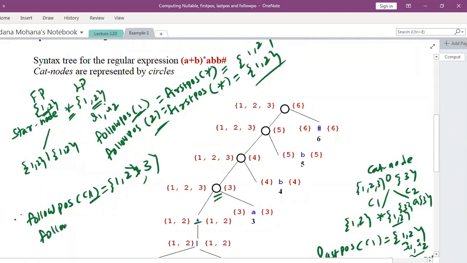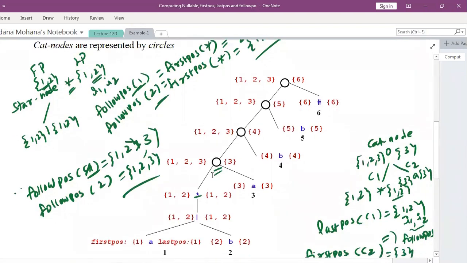Similarly, follow position of 2, same, 1, 2 and 3 are combined. So like that, for the same position, different values occur. You can combine all. So like that, you have to proceed. Now here you can see the cat node is also over. So like that, remaining all nodes.